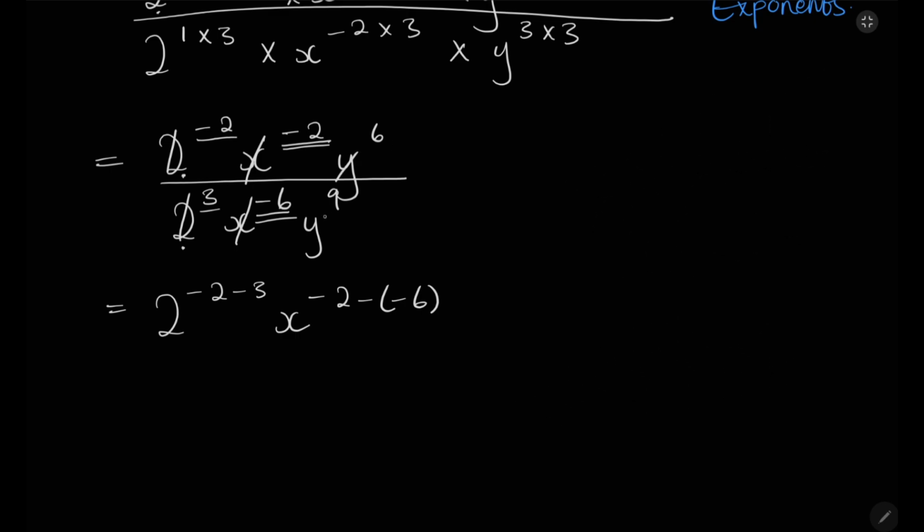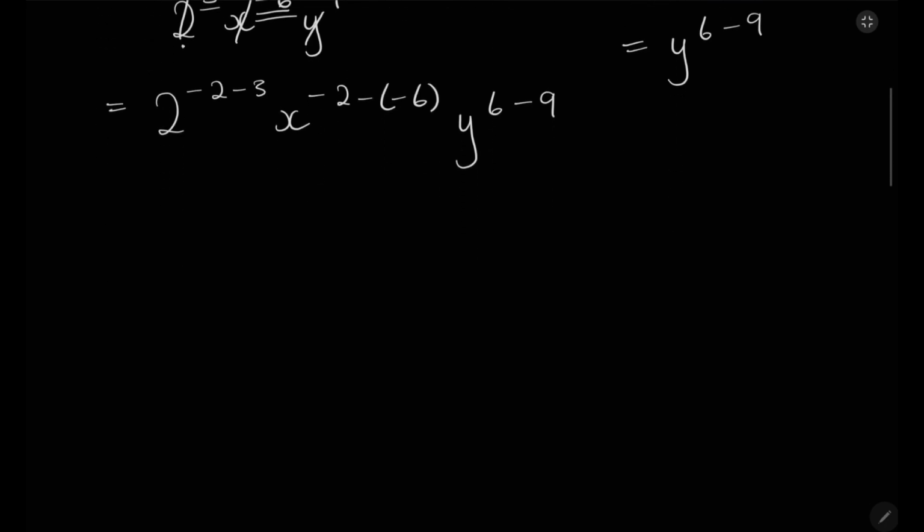We're left with the y, which is basically y to the power 6 divided by y to the power 9. We have the same base, and they're divided, so we subtract their exponents. We write down our base as it is, y, then 6 minus 9. So here we'll have y to the power 6 minus 9. Now let's solve.